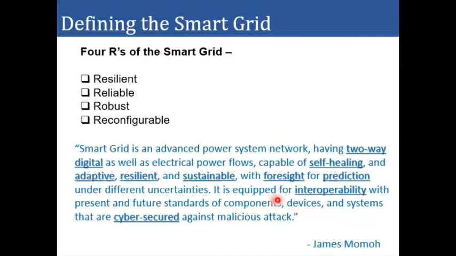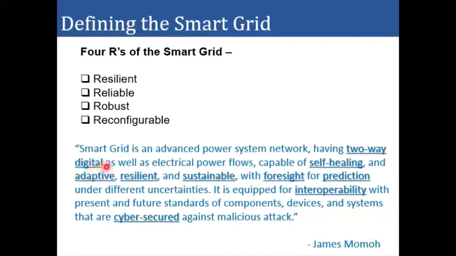It is equipped for interoperability with present and future standards of component devices and systems that are cyber secured against malicious attack. So the key points in this definition are two-way digital communication, means the devices which are there in the field will be able to communicate to the server, as well as the server will be able to send control commands to the devices.